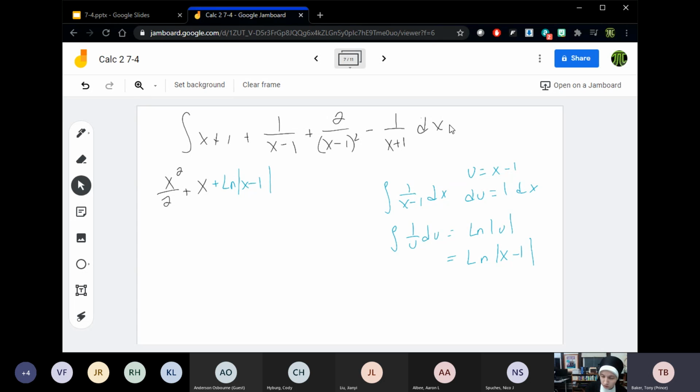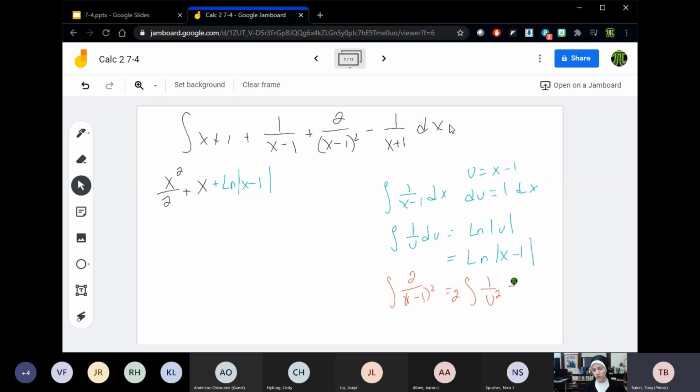Now, let's take the same problem, the same steps here, but let's do that 2 over x minus 1 squared. If I did the same thing with the u, this integral becomes the integral, so I can put the 2 on the outside just to get rid of it, over u squared. Since it's not just a u and it's a u squared, I can subtract 1 from that too.